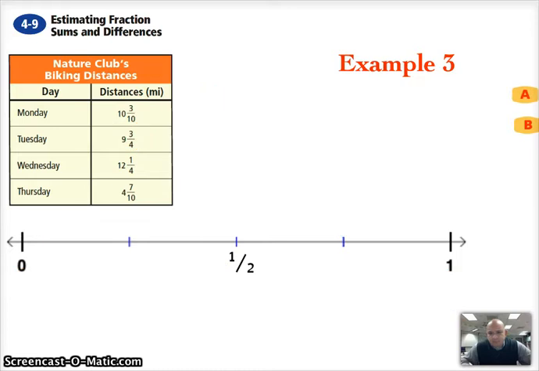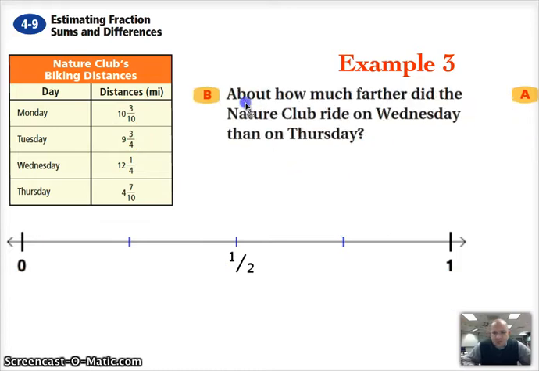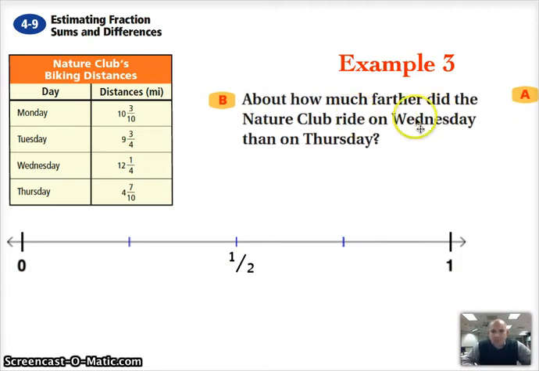Lastly, with that same sort of strategy that we're using, about how much farther did the Nature Club ride on Wednesday than on Thursday? So they rode further on Wednesday than they did Thursday, so we're going to find out how far that is. That means that we're going to figure out a difference.